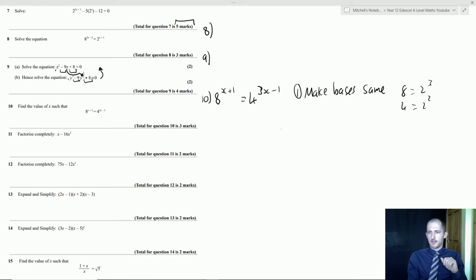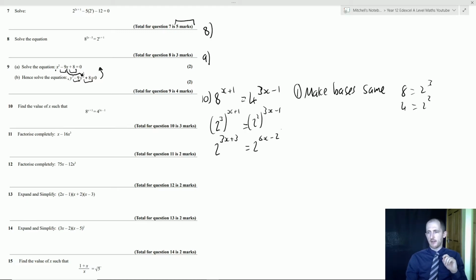So let's do it. Let's do 2 to the power of 3 times x plus 1 equals 2 to the power of 2 times 3x minus 1. So now we have, again, 3 times x gives me 3x, 3 times 1 is 3, and that equals 2 to the power of 6x minus 2.